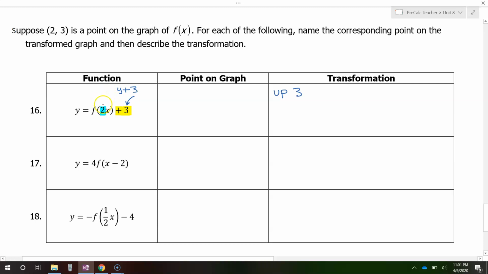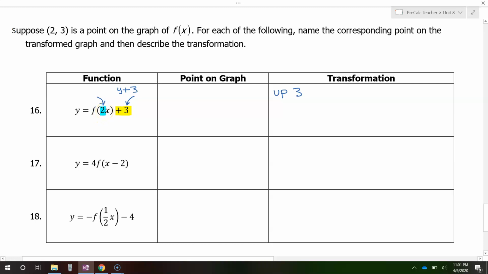Now, anything happening inside the function is going to be affecting the x values. We have learned that these transformations are the opposite of what they look like. So this is going to be a horizontal something, but will it be a stretch or a compression?